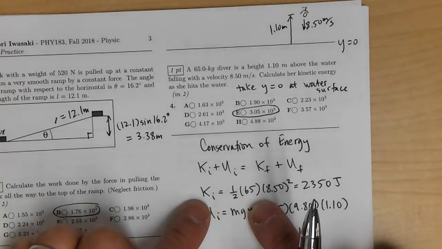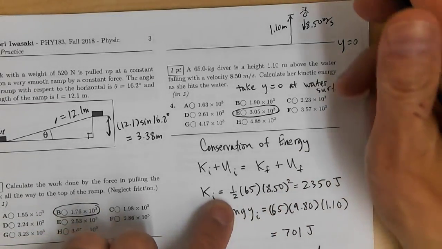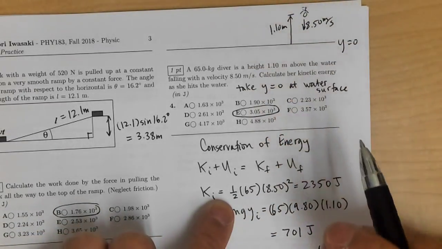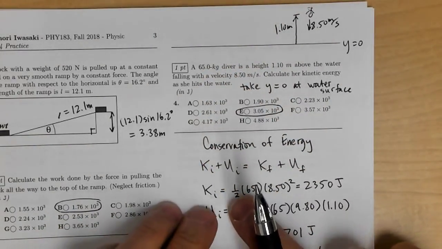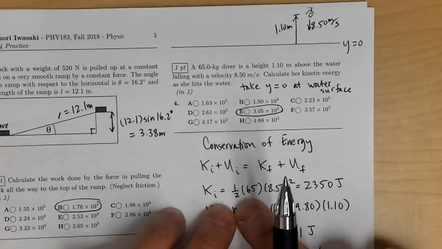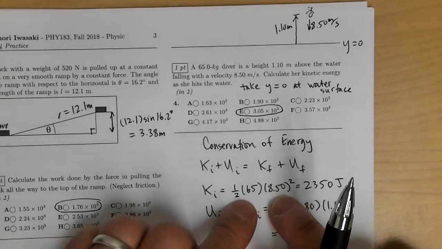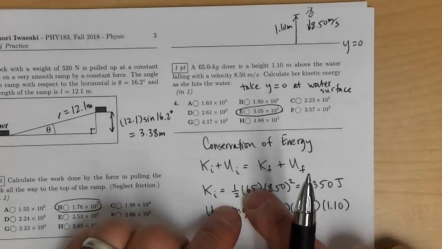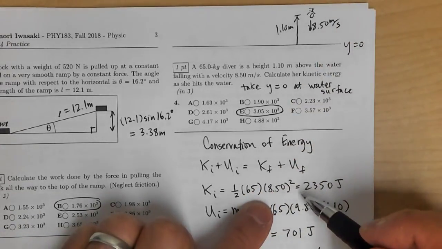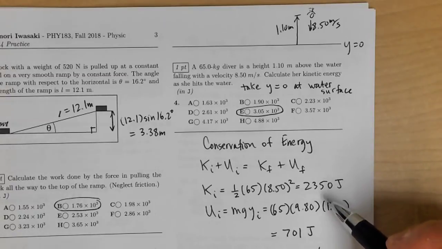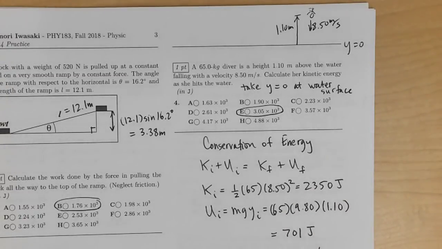So the initial kinetic energy is 1/2 mv squared, and I forgot to tell you, her mass is 65 kilograms. So her initial kinetic energy is 1/2 times 65 times 8.5 squared, and that comes out to 2,350.